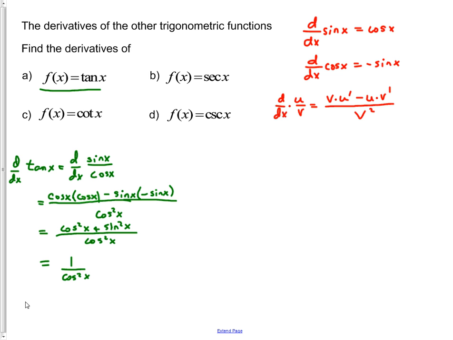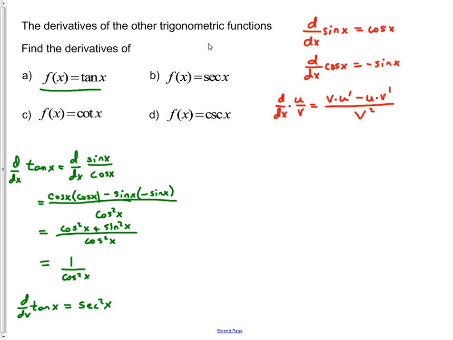That's another way of stating that if you take the derivative with respect to x of the tangent of x, then you get, as its derivative, the square of the secant of x. That's pretty cool. We just transform one to the other.